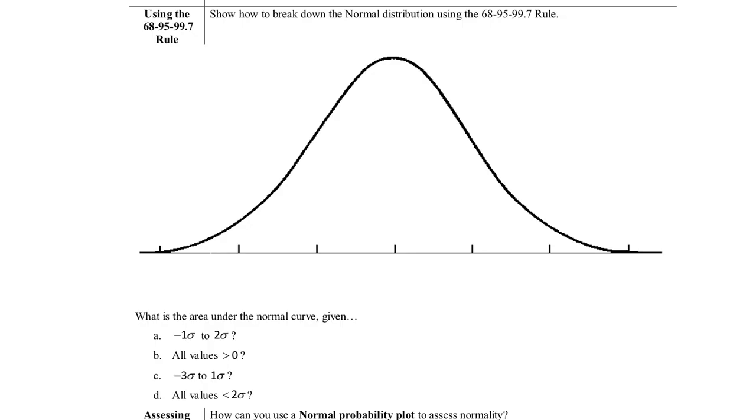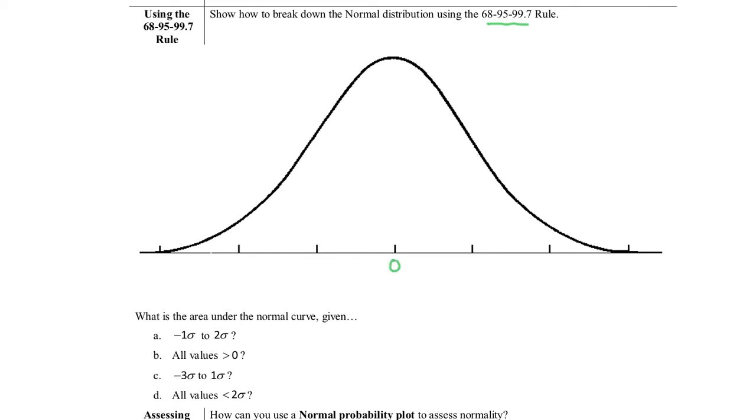All right, we're really going to break down the curve now into all of its parts using the empirical rule. So we've got the 68, 95, 99.7 rule, and we're going to just break down this curve as much as we can into its parts.